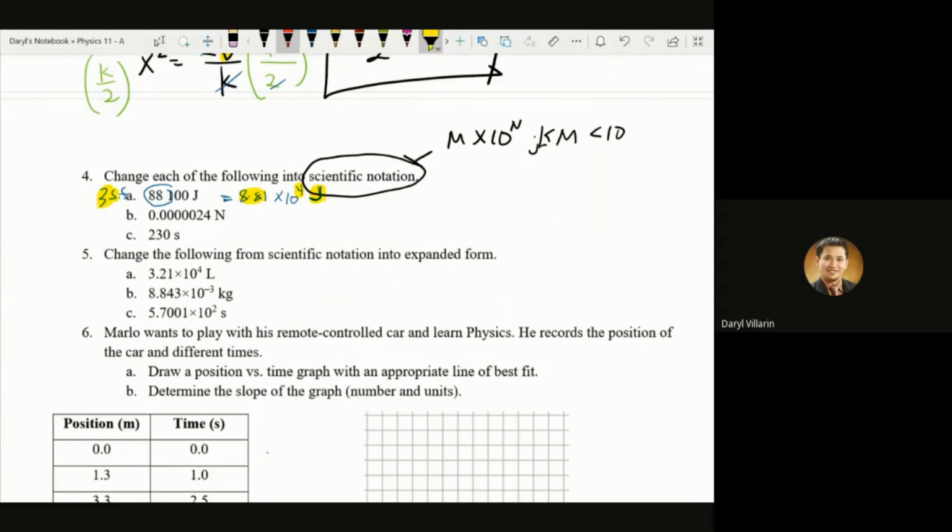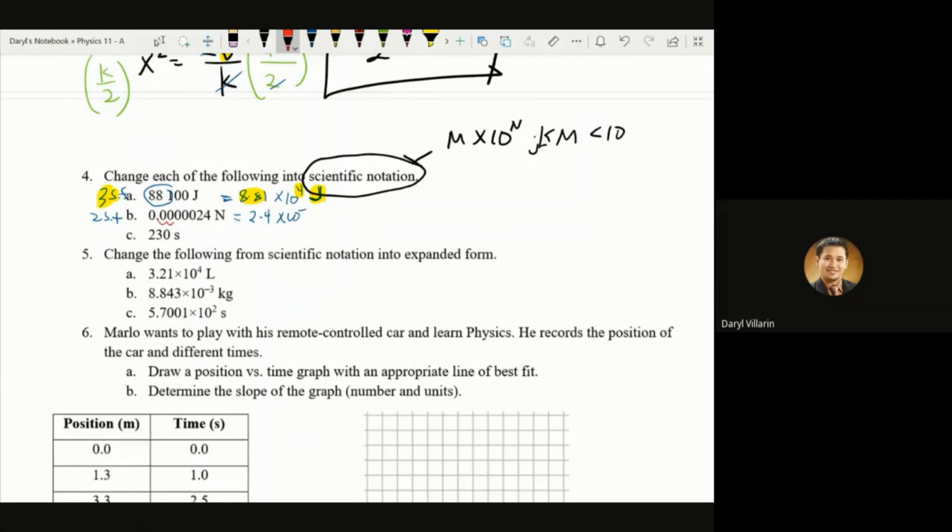And then for the next one, this contains 2 sig figs. So that means that my final answer here in scientific notation should also have 2 sig figs, times 10 to the power of, if you can see here, you're dealing with a small number, a number that is less than 1. So therefore, the exponent should be negative. So negative, what would be the exponent?